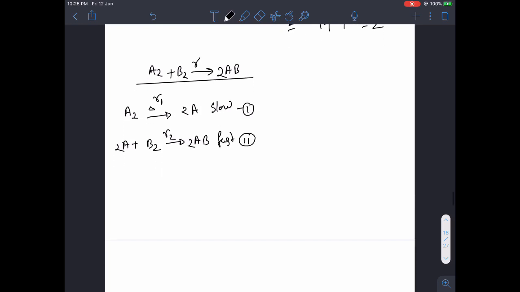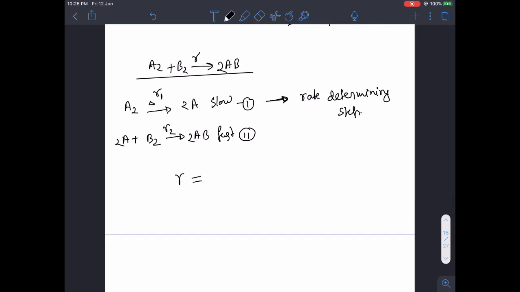Now in this particular case, once again the rate of the actual reaction, overall reaction or net reaction, is equal to the rate of the slowest step, and this slow reaction or the slowest reaction is known as the rate determining step.